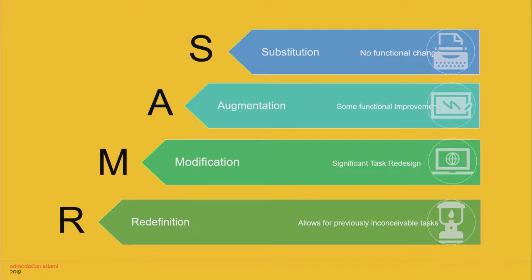Maybe if you're using that laptop to connect with the world and learn about it, well, I would call that modification. But redefinition, it's not easy, is it? I mean, it's a lot to ask. But when you think about using your laptop for positive change, well, that's redefinition to me.